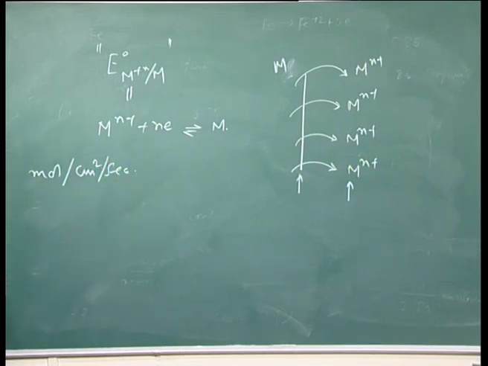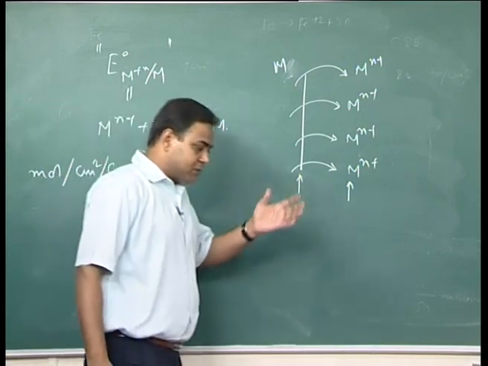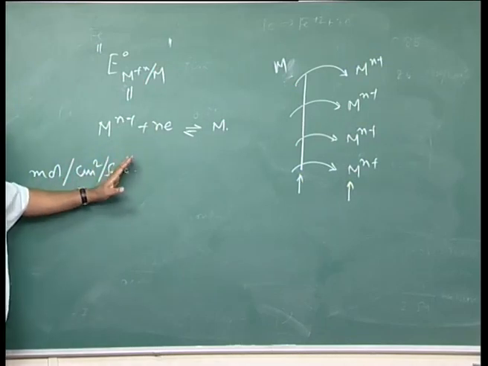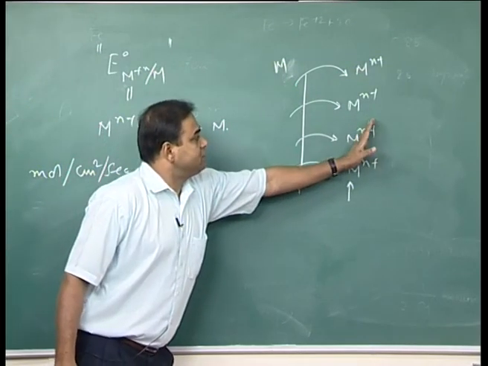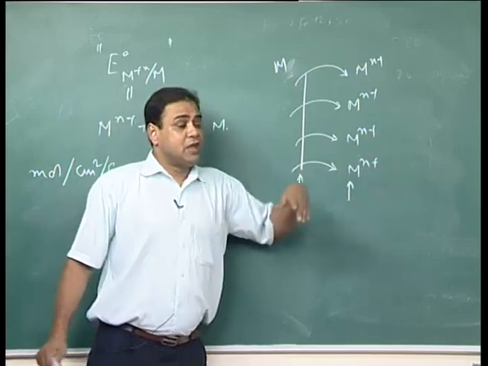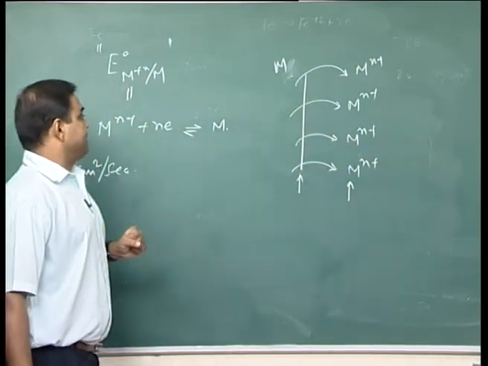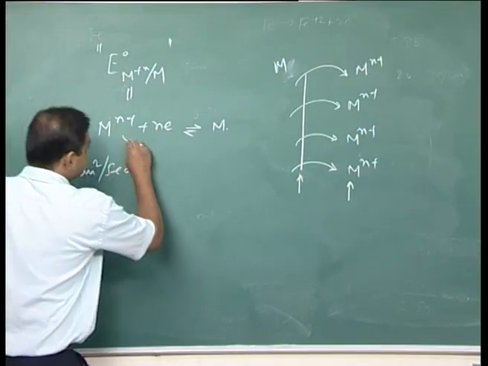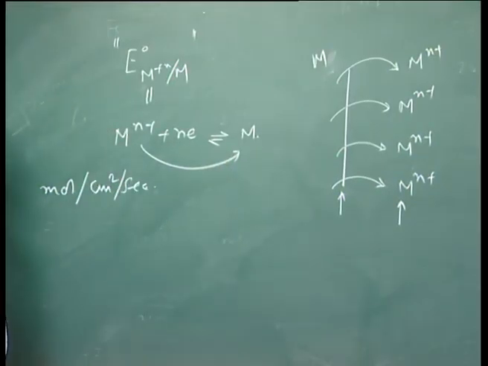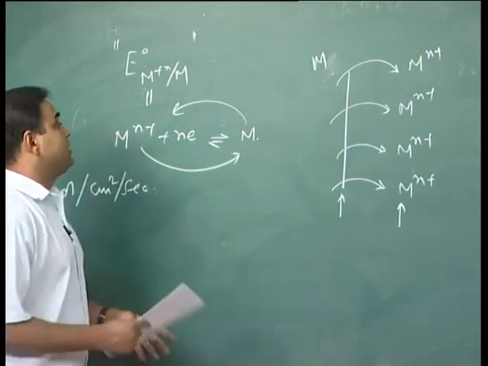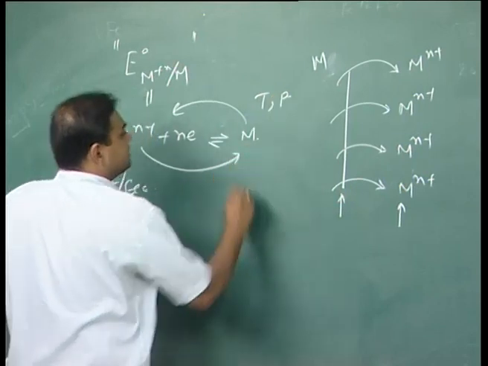That means the flux is the number of moles per unit area per unit second. The way it is forming this side, similarly the metal ion is also getting reduced and forming metal. So the flux at which this is going into this and this is going into M n+ ion, those two fluxes are the same. That suggests that the system is at equilibrium, and that too it is happening at a particular temperature and pressure.